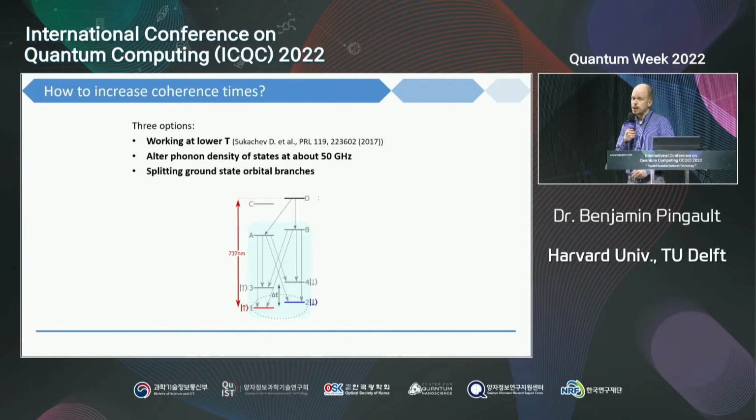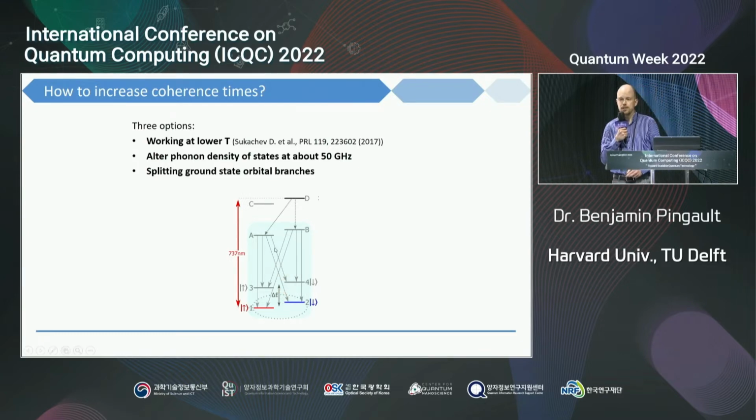So you've got pretty much three options. Either you have a lot of money, like the group of Misha Lukin, and you directly buy a dilution fridge, which is what they did, and you work at lower temperature directly at millikelvin. Or you alter the phonon density of states at the frequency of the phonons leading to those transitions, so about 50 gigahertz.